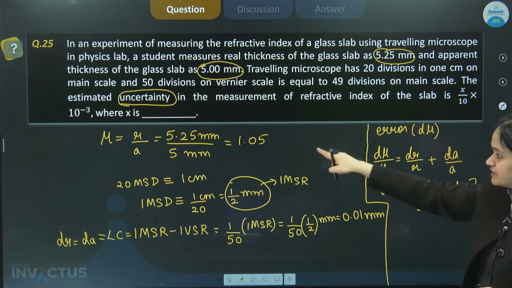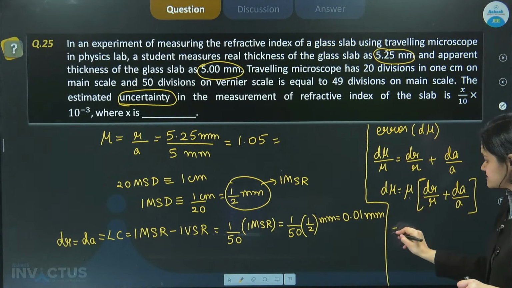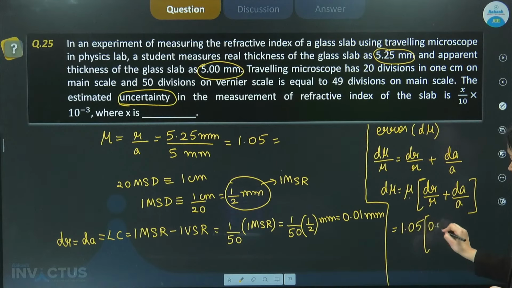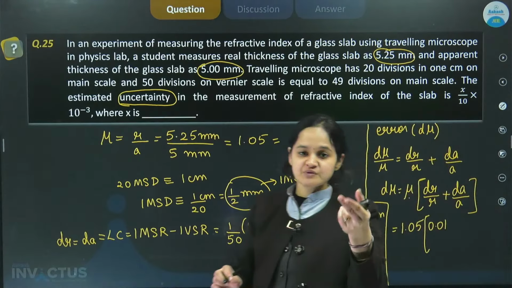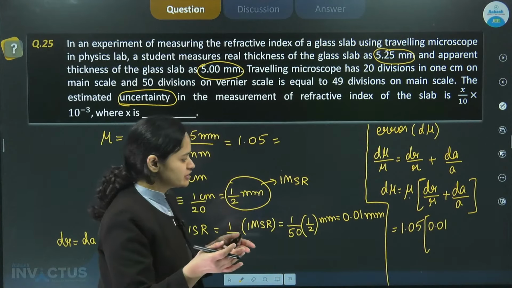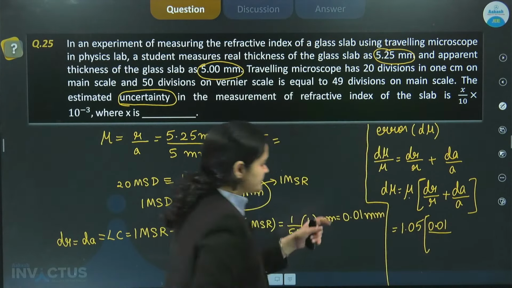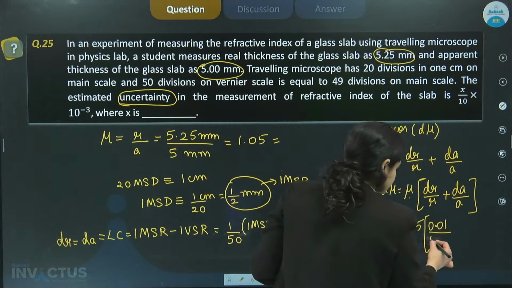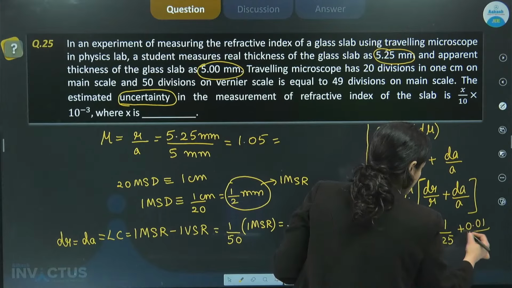Alright, mu is already known to us. This is the value of mu. Now dr, this is going to be 1.05 times 0.01, the least count, because that is basically the maximum permissible error while taking calculations. Okay? So it can also be due to manual error. And R is actually going to be 5.25, that is given to us. 5.25 plus 0.01 upon 5.